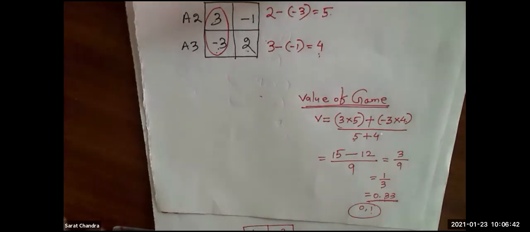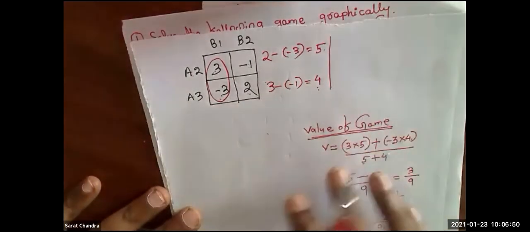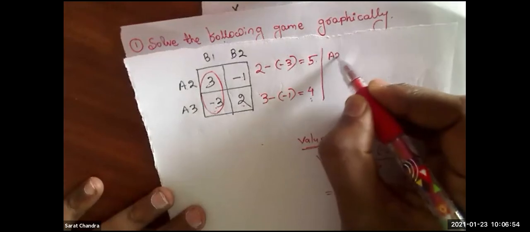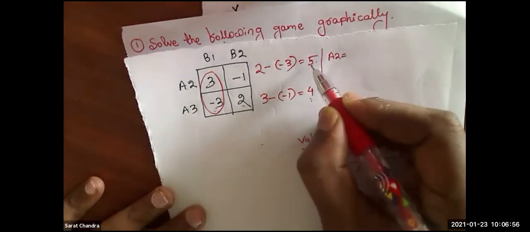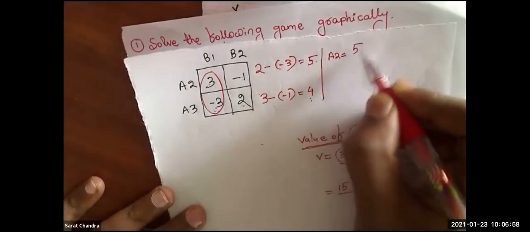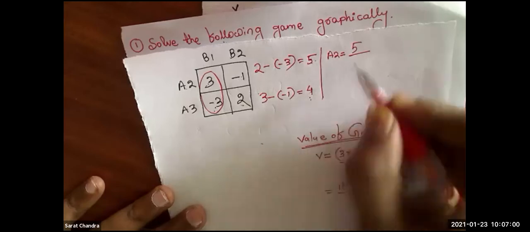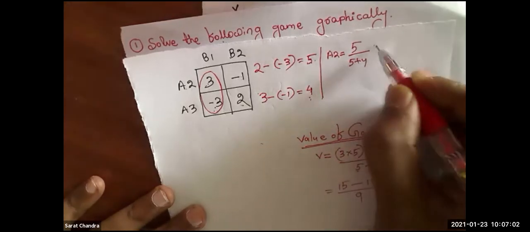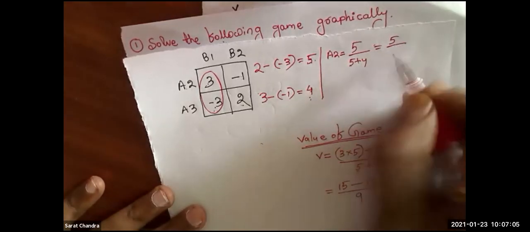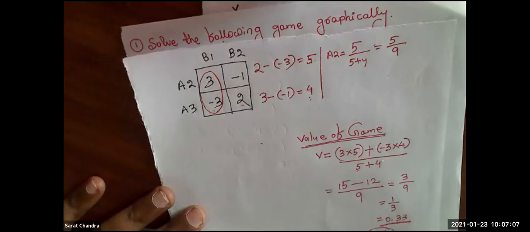And if they ask you what is the probability of selecting this strategy, that probability you can also calculate. I will tell you the trick. Probability of selecting the strategy A2 equals the oddment 5 divided by 5 plus 4, which is 5 by 9.